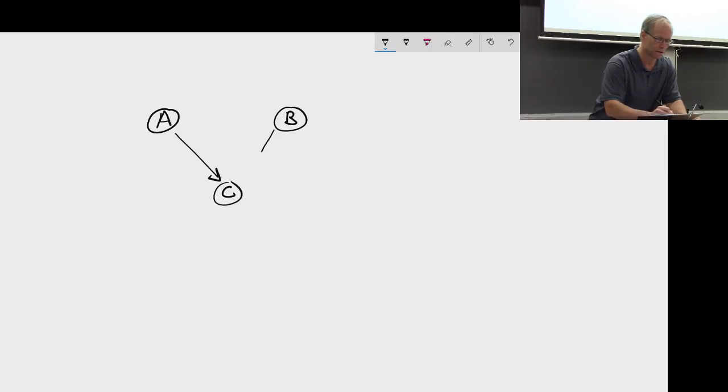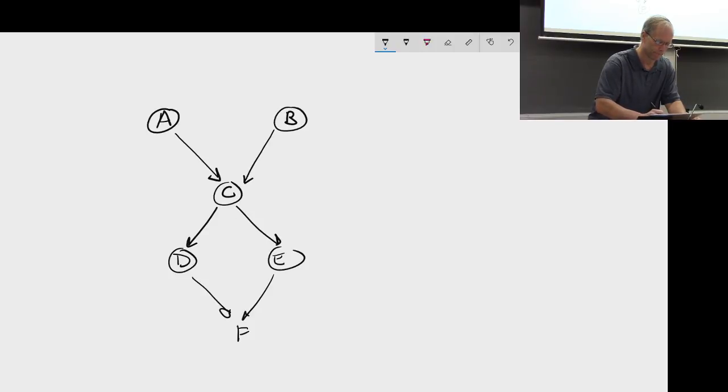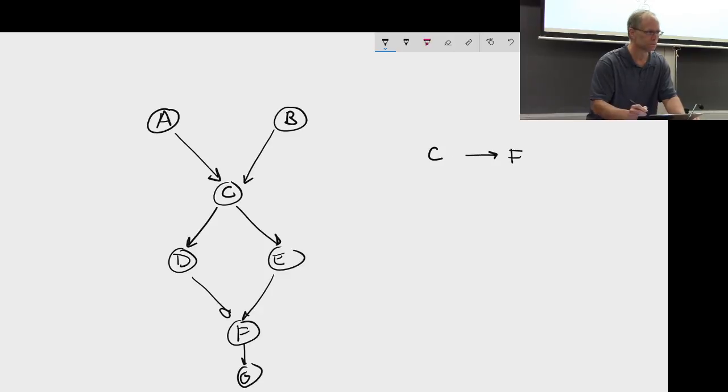Okay, let's suppose you're doing autosync and you have this vertex here and this vertex here, and you've got C, and then you've got various ways to go. And let's say you're interested in the cheapest way to get from C to F. Right?